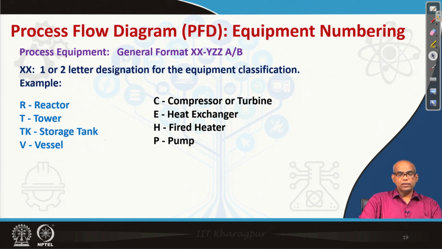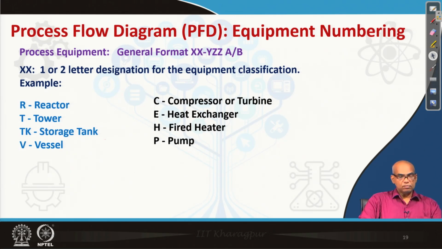It is a 1 or 2 letter designation for the equipment classification. So, either it will be XX or a single letter X. This is a designation for the equipment classification.